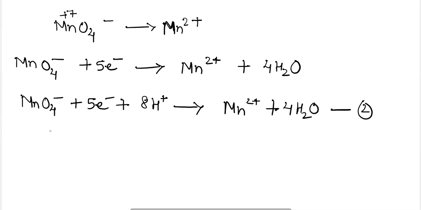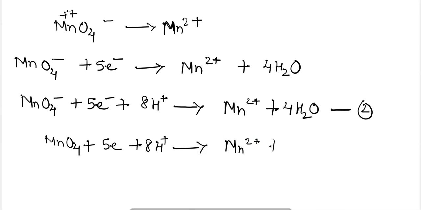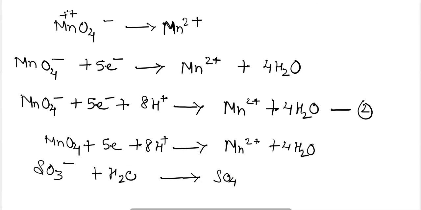Now we add both equations. The first equation is MnO4 minus plus 5 electrons plus 8H plus gives Mn2 plus plus 4 water, and the second equation is SO3 2 minus plus H2O gives SO4 2 minus plus 2 electrons plus 2H plus.